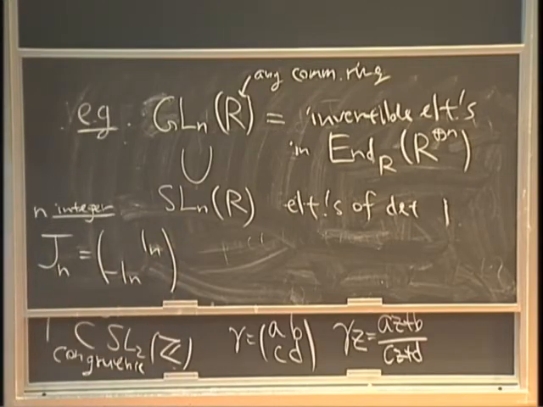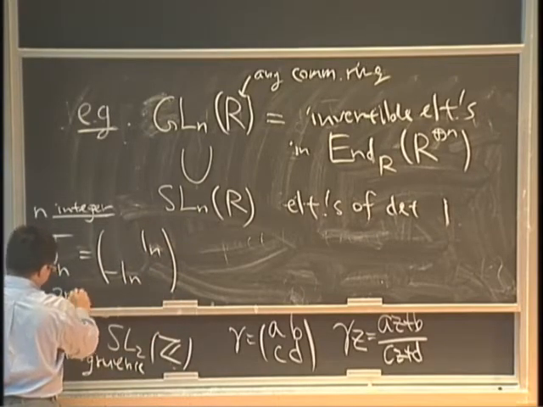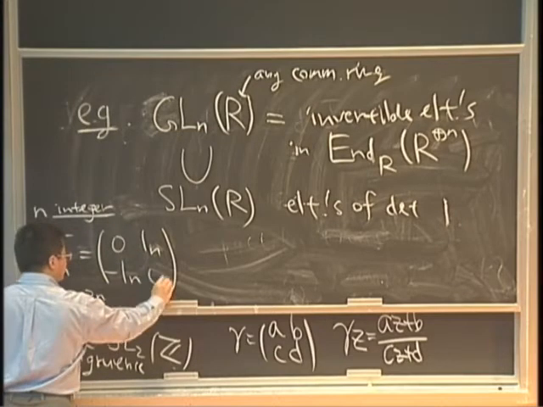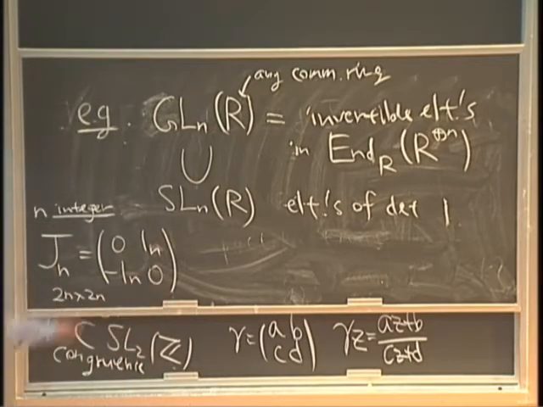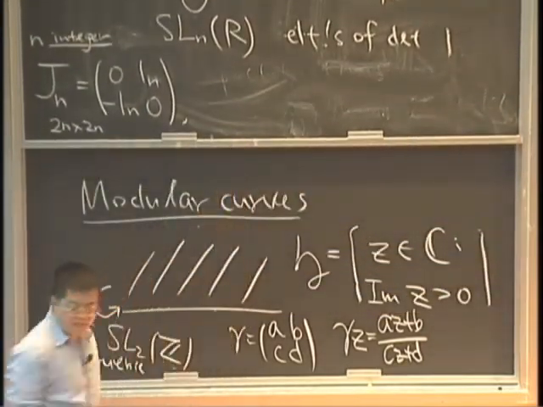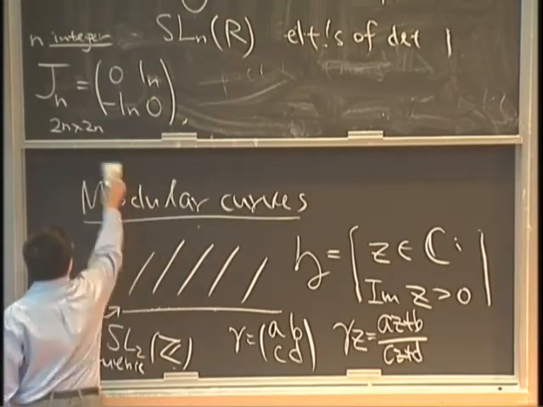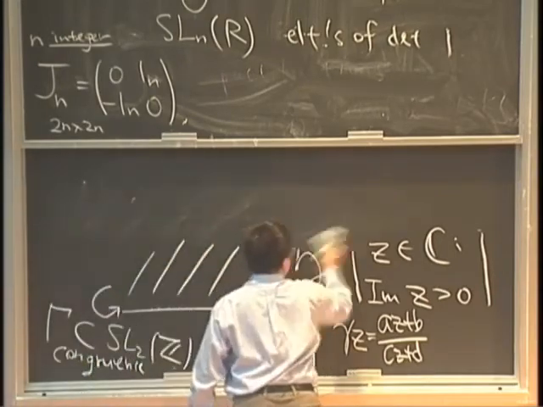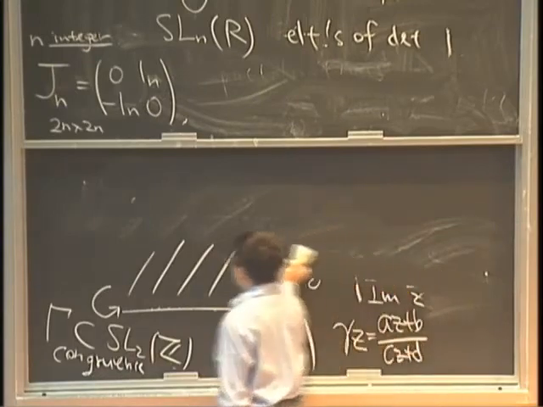So this is a 2n by 2n matrix. And when I write something like this, this means the block form, like n by n blocks in each place. And then I consider, okay. Again, for each ring, I'm going to define a group.